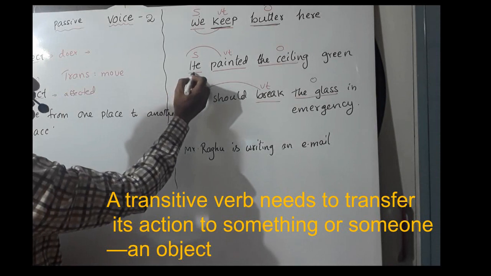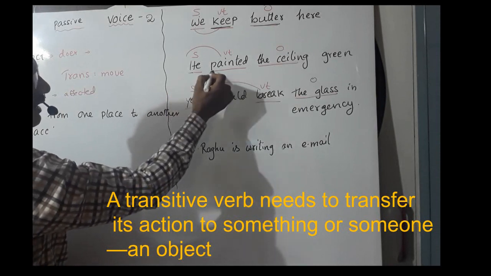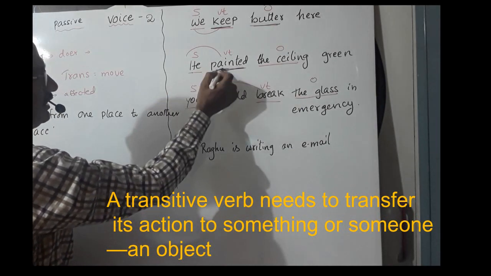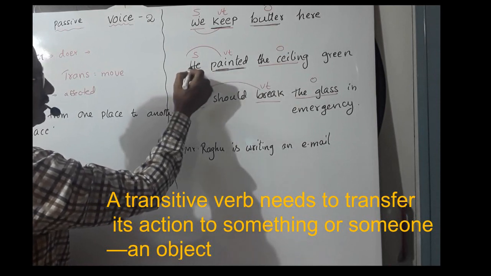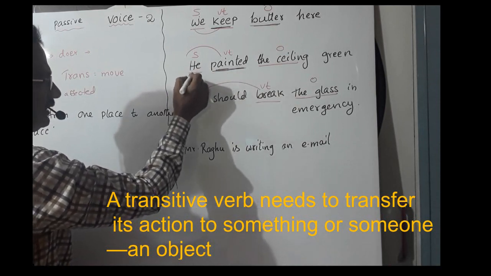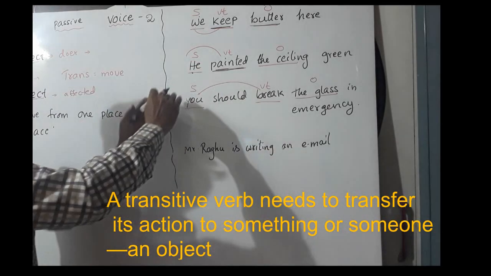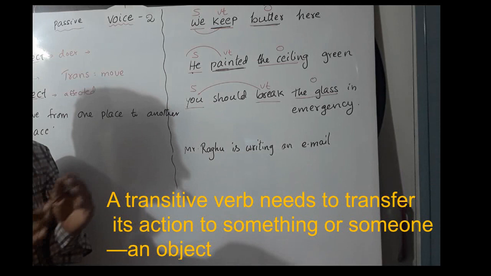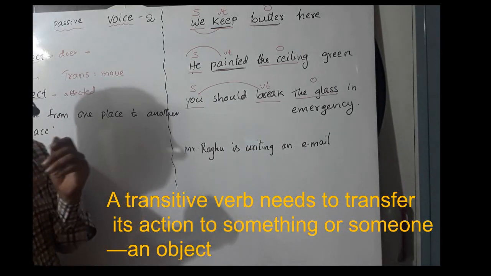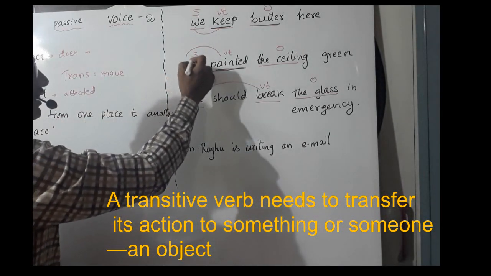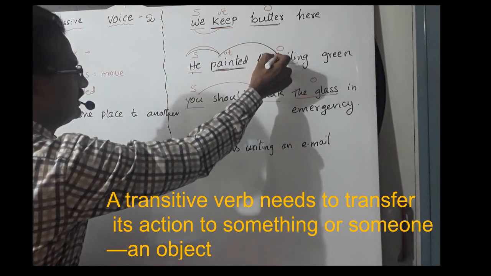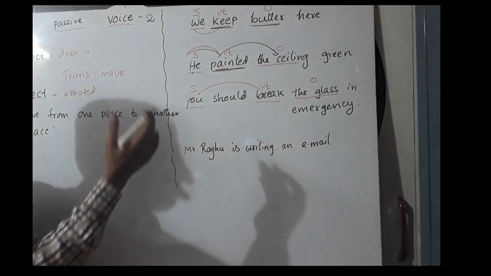And you observe in this sentence, he is subject, painted is the action. This action is performed by subject he, and the paint action moves from subject to object. When the action transfers from subject to object, it is said to be verb transitive.